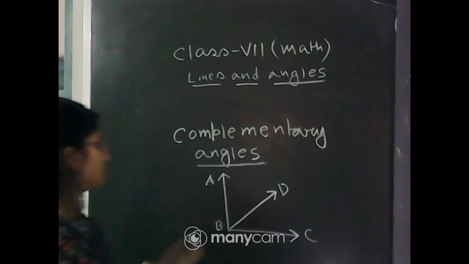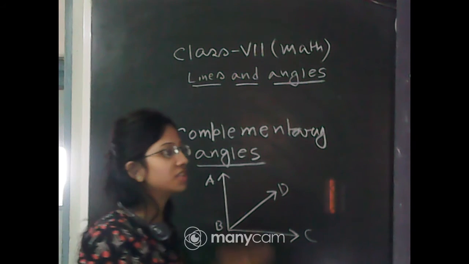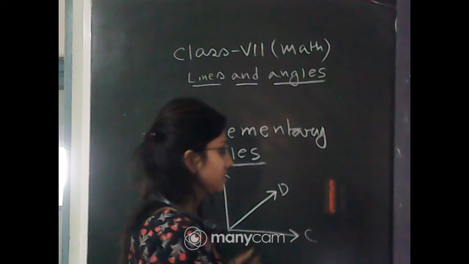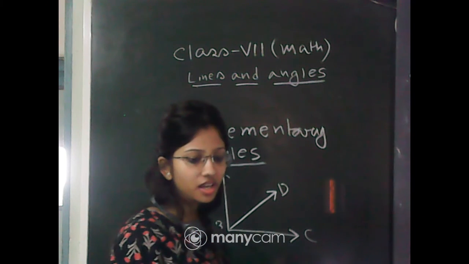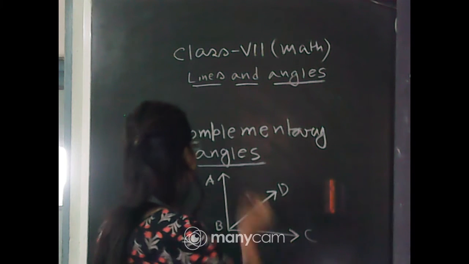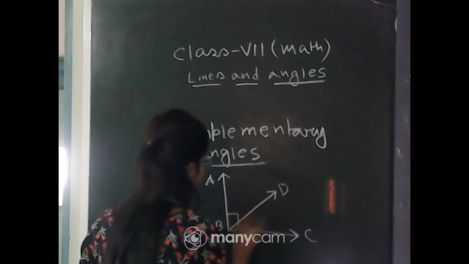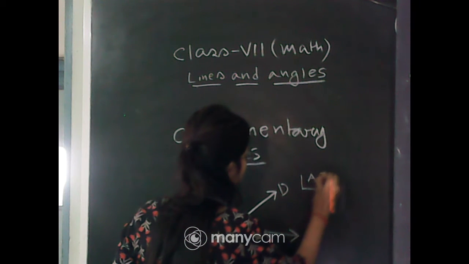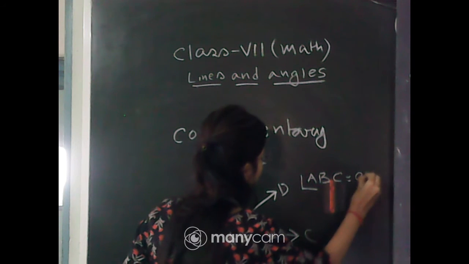We all know that if the sum of the measures of two angles is 90 degree, then the angles are called complementary angles. Here angle ABC is equal to 90 degree.